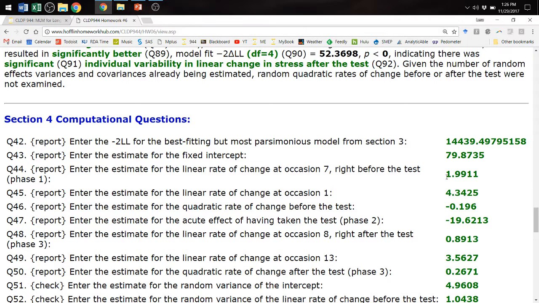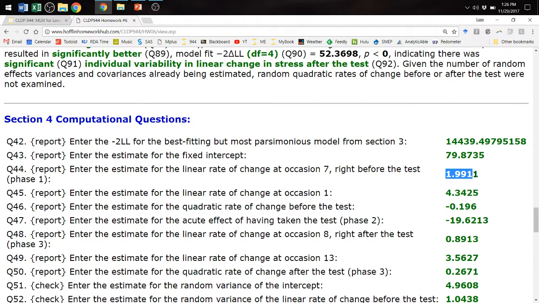Yeah, so in this case, this is what the fixed linear trend would be for slope 1. This is the fixed quadratic trend for slope 1. So that combination, if you're going forward in time, it's going to be more positive. If you're going backwards in time, which is what it would be when you subtract from 7 to 1, then it would be less positive.